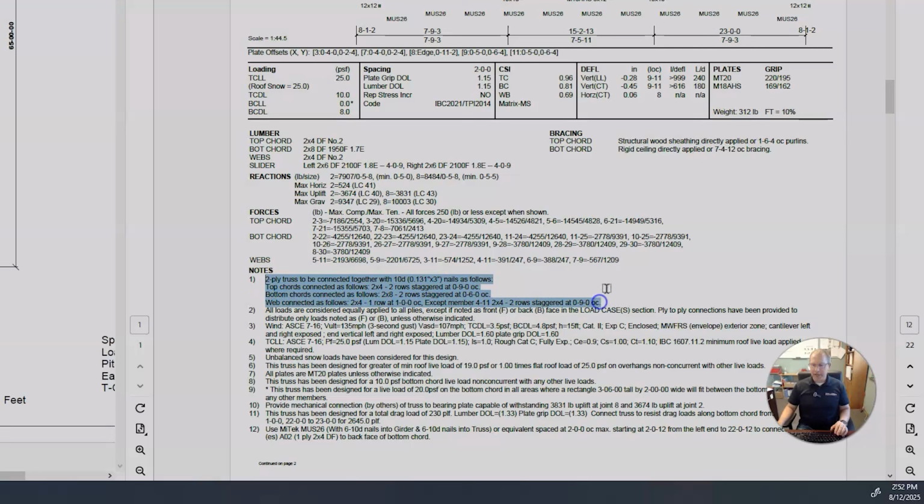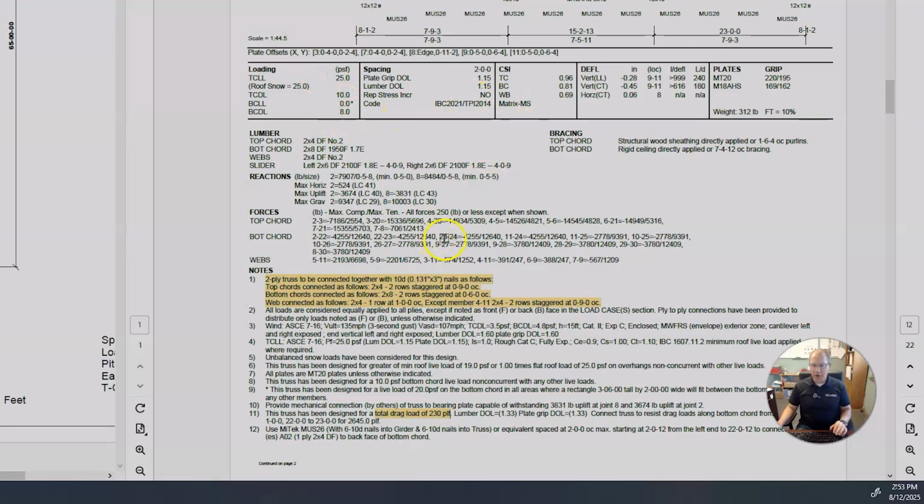So that shows the nailing pattern for the top and bottom chords, as well as the webs. And then it'll have some more information. For instance, here's a special load. So this truss was designed for a drag load of 230 pounds per lineal foot. And that drag load transfers forces from one part of a structure to another.